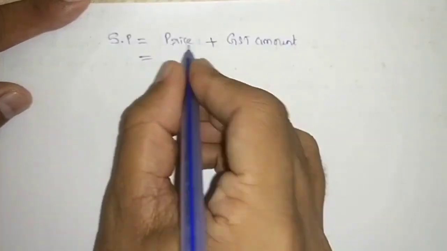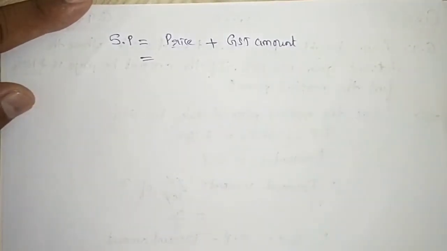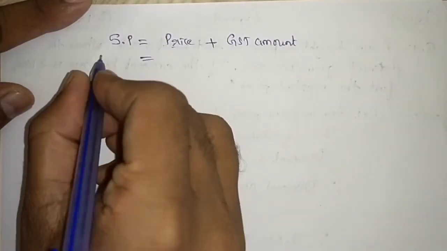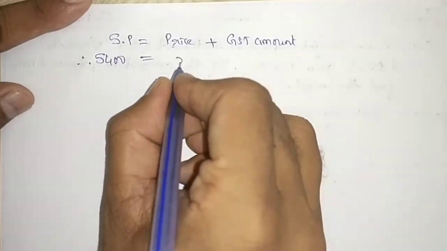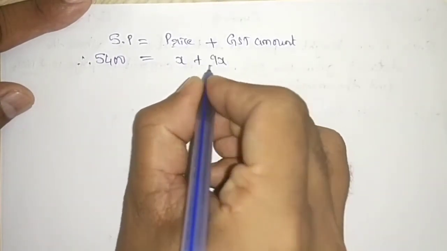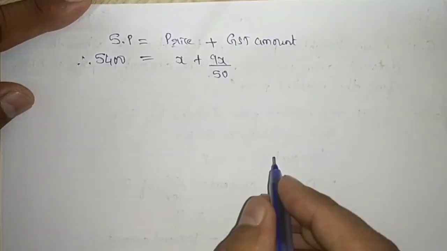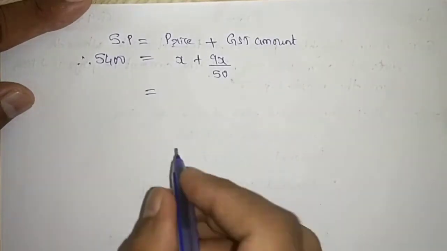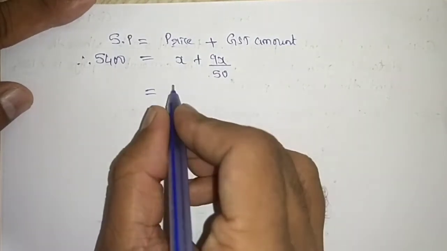We don't know the price, so we have assumed it as X. This we have found in terms of X, and the selling price we know. We will put selling price 5400 equals X plus 9x divided by 50, right?